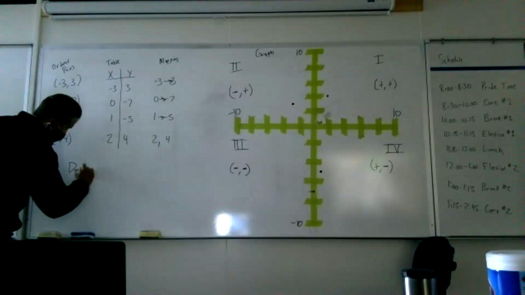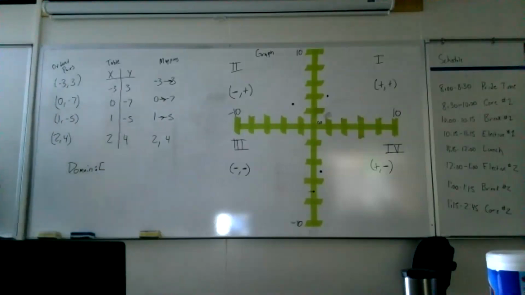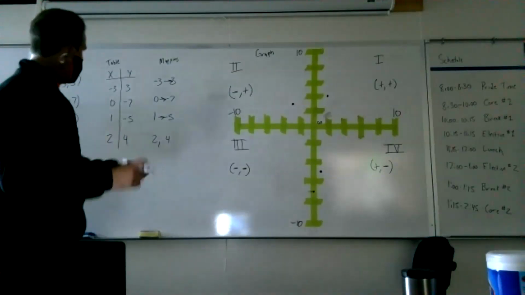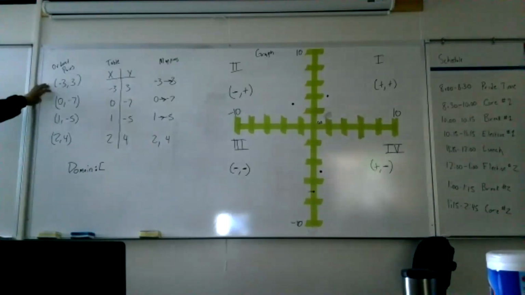So my domain, okay, we always start with a bracket, and then we want to list all of the x values, starting at the lowest going to the highest. So if I examine my x's, I have a -3, a 0, a 1, and a 2. Those luckily are already in order.